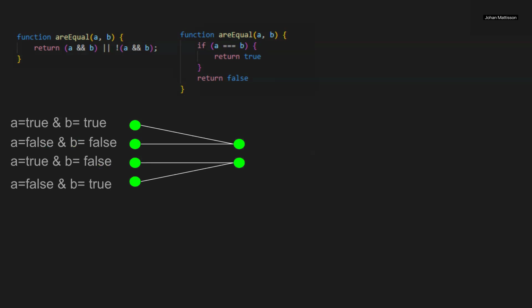For this, we could do a correctness analysis, right? Because we have at most 4 versions of the input, because it's a Boolean input, and we get 2 outputs, basically, either true or false. So in this case, we can make all the tests. We can write 4 tests and basically cover all the cases.